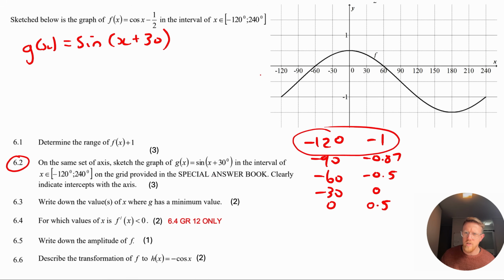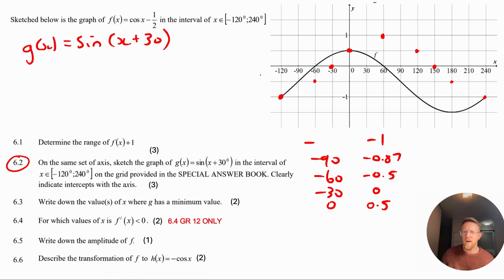So minus 120 and minus 1 is going to be there, minus 90, and we can skip that one if you want, and we can just go straight to minus 60 and negative 0.5, which is there. And then we'll just connect the dots and it will go through that anyways. Then negative 30 and 0 is there, and then 0.5 is over there, and then we'll carry on.